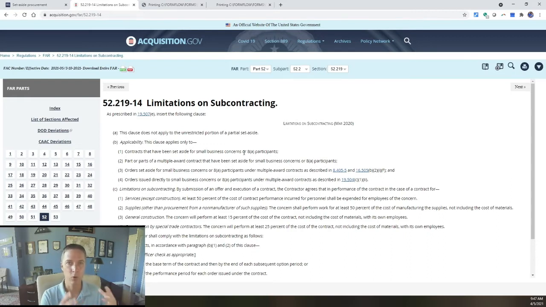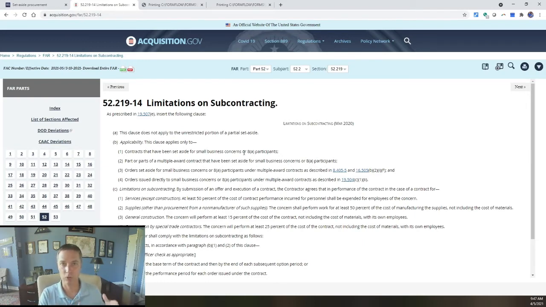So if Acme Corporation is the general contractor and Acme Corporation was awarded the prime contract, then they are the prime contractor. So any consultants, ABC Electric and XYZ Plumbing, those are both other companies that the prime general contractor is subcontracting to.